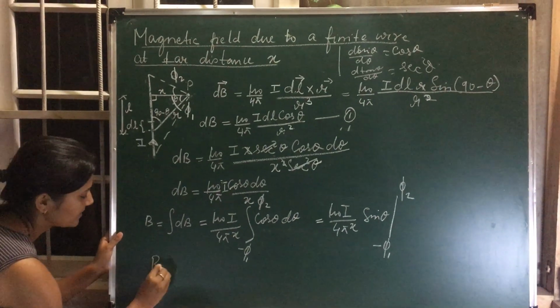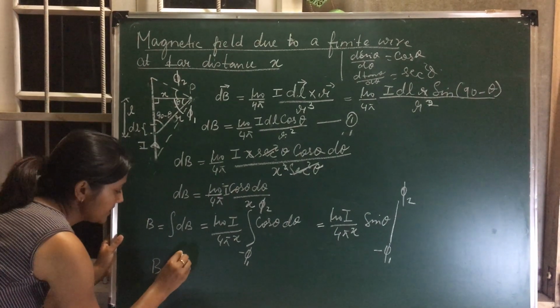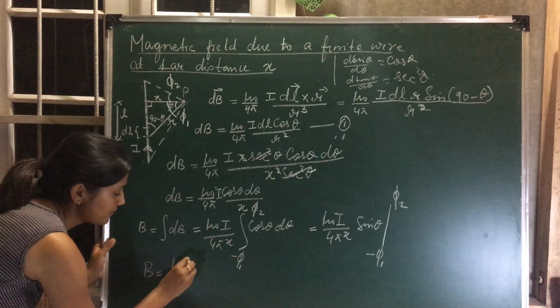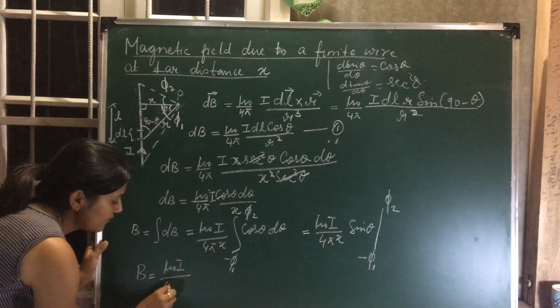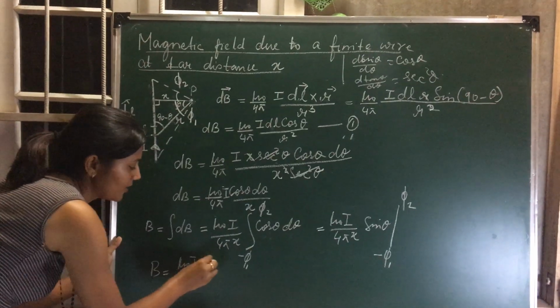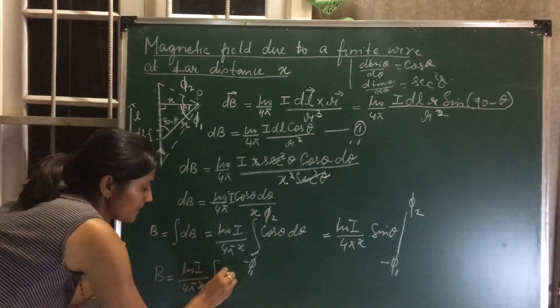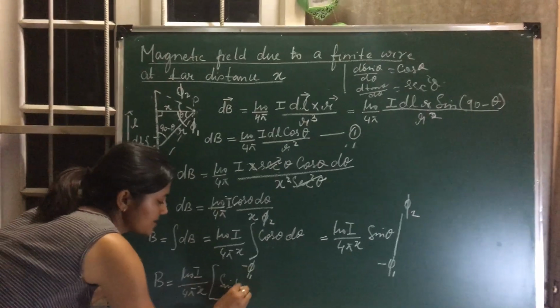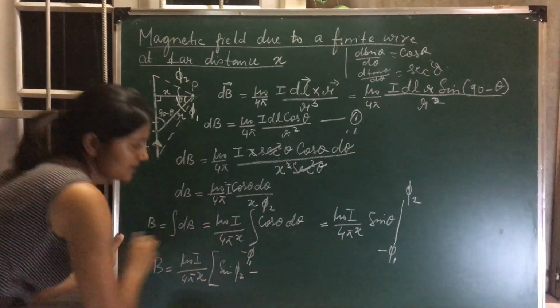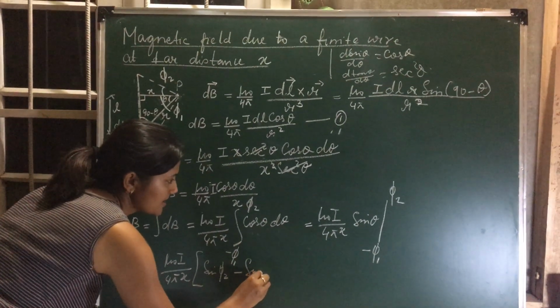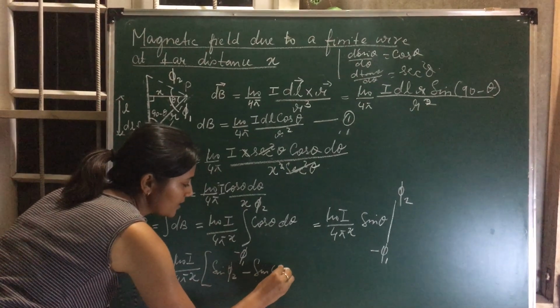Then the magnetic field is mu 0 I by 4 pi x, upper limit sine phi 2 minus lower limit sine of minus phi 1, right?